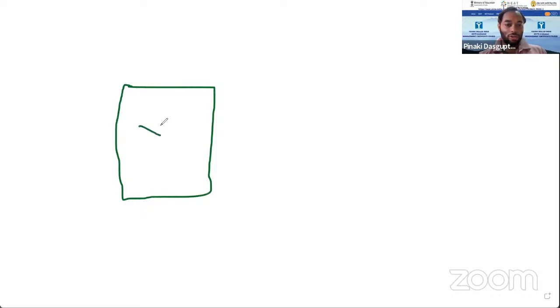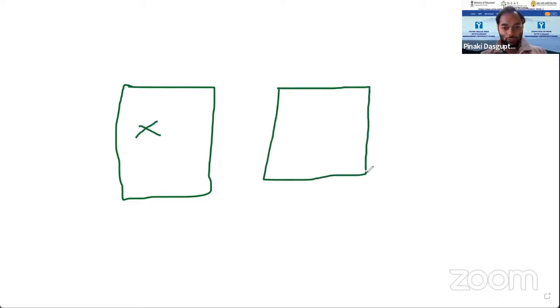Okay, I have shared a whiteboard. I will draw a diagram to explain the concept. Say this is x.com, and this is y.com.